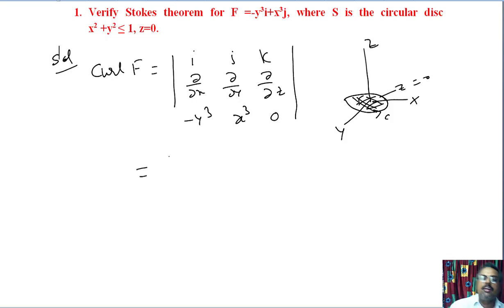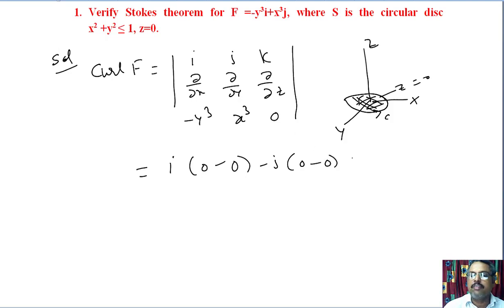Now find the determinant. i into dou by dou y of 0 is 0, dou by dou z of x cube is 0, minus j into dou by dou x of 0 is 0, dou by dou z of this term is 0. Fine. k into dou by dou x of x cube, which is 3x square, minus dou by dou y of minus y cube, which is plus 3y square.